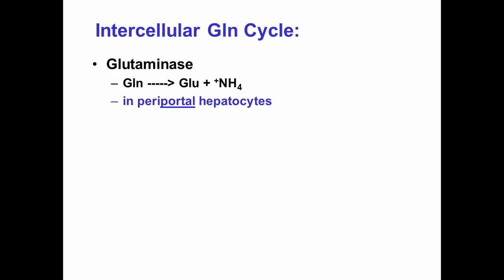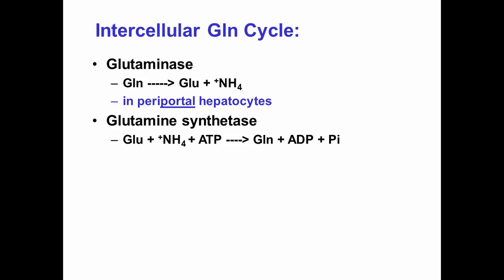Now I'll talk a little bit about those enzymes. This is linearly written out. Glutaminase is breaking glutamine down, and that's happening in the periportal hepatocytes. Glutamine synthetase is making glutamine using energy, and that's happening in the paravenous hepatocytes.